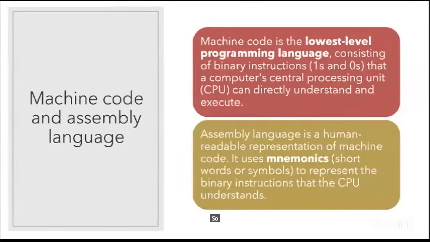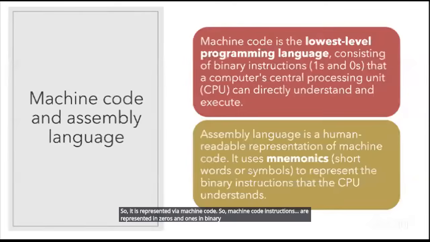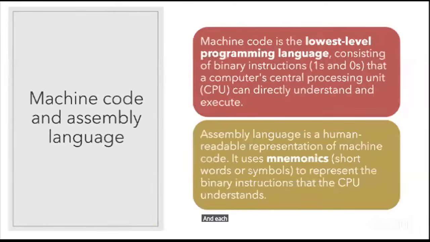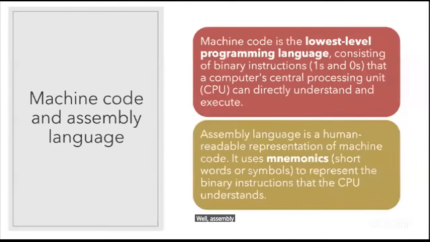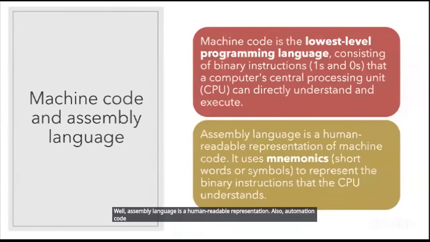So machine code instructions are represented in zeros and ones in the binary system. And each instruction corresponds to a specific operation, like adding numbers, moving data, jumping to different parts of the program. While assembly language is a human-readable representation also of machine code, but it uses mnemonics.